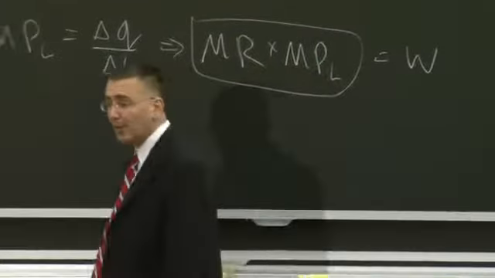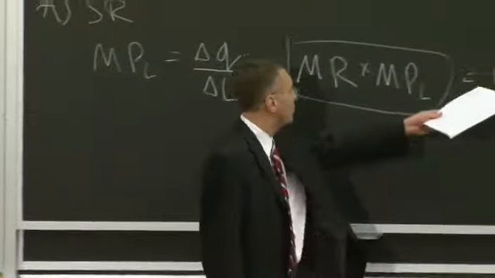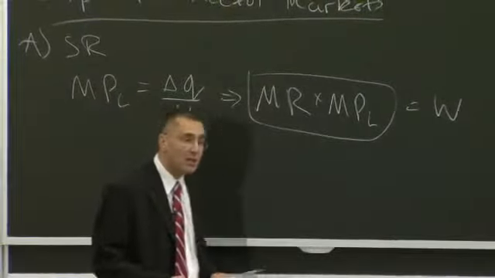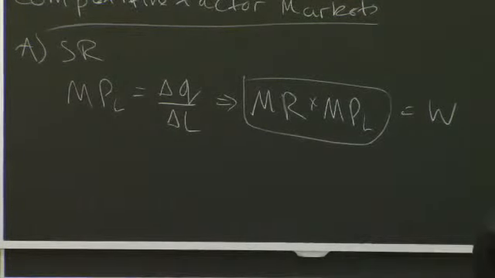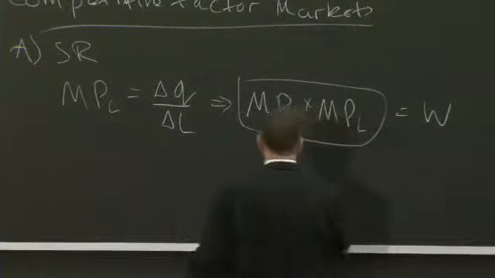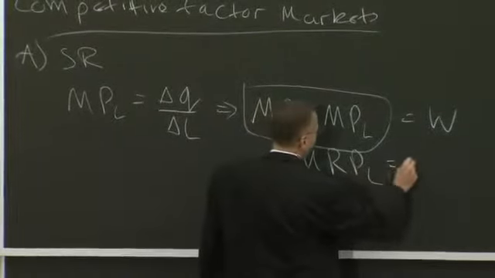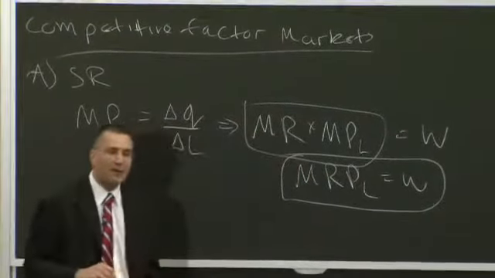In a perfectly competitive labor market, the marginal cost of another worker is the wage, and this is the marginal benefit of another worker. So this is going to be the condition that firms use to decide how many workers to hire. We're going to call this the marginal revenue product of labor. So you're going to set the marginal revenue product of labor equal to the wage. That's going to be your profit-maximizing condition.